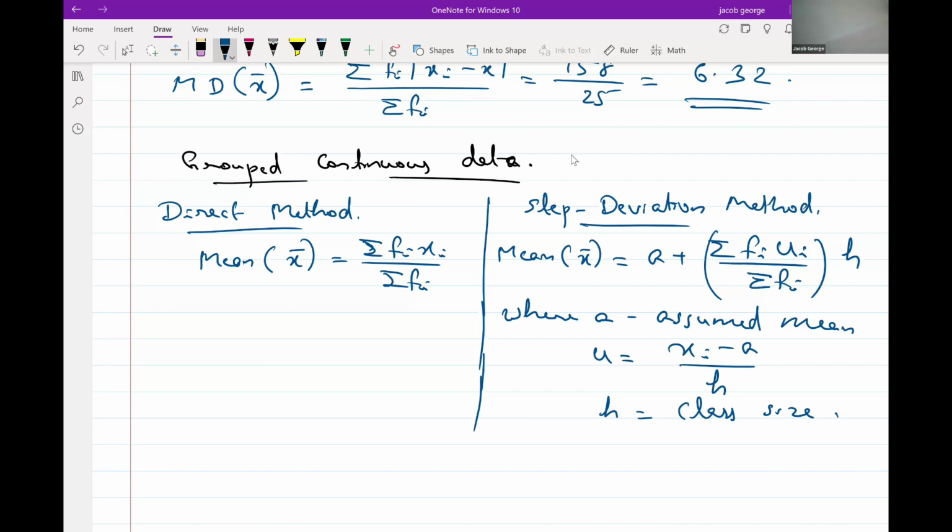Mean x bar is a plus sigma fi ui by sigma fi into h.